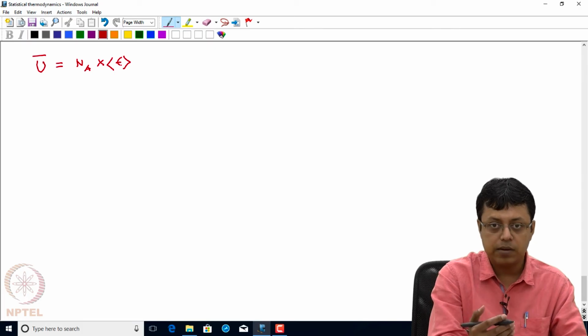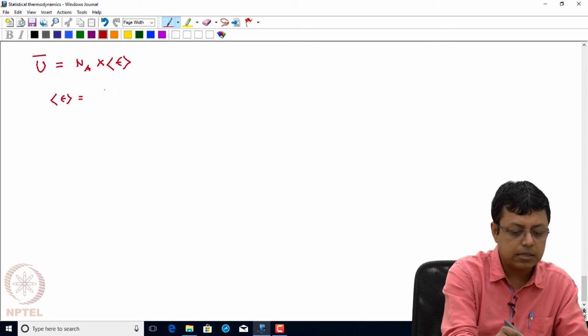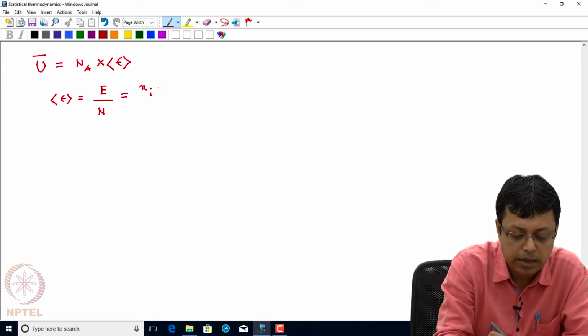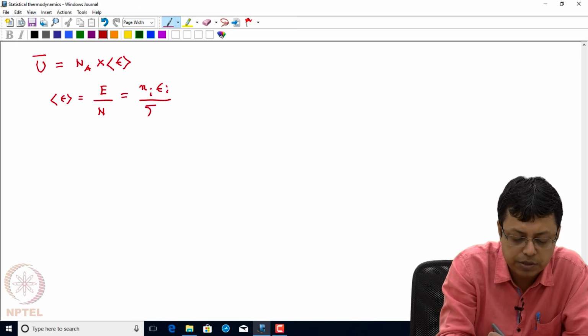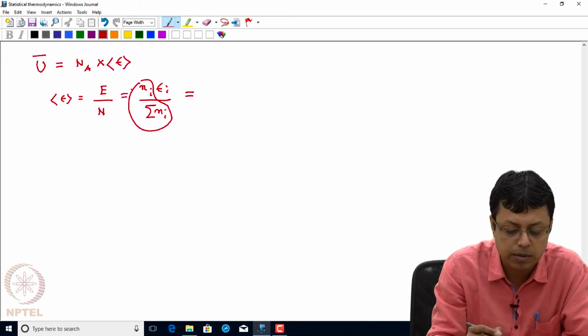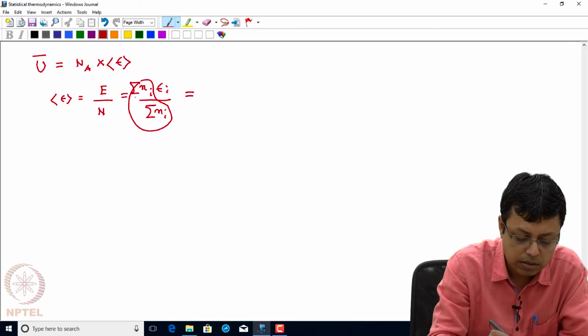Now let us see what this average is. It is basically the total energy divided by the number of molecules, and the total energy expression we already know: it is nothing but the sum of Ni epsilon i. And remember the number of molecules was the sum over Ni. Now Ni divided by the sum over Ni is the probability which we talked about. So we have to take a summation here over i.